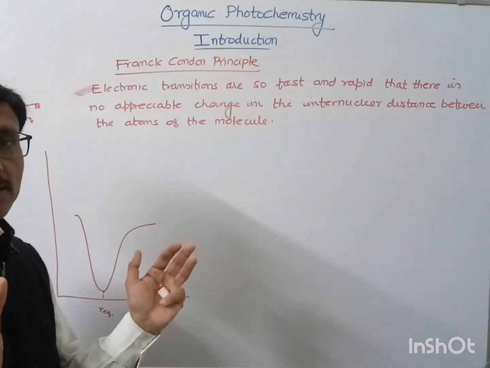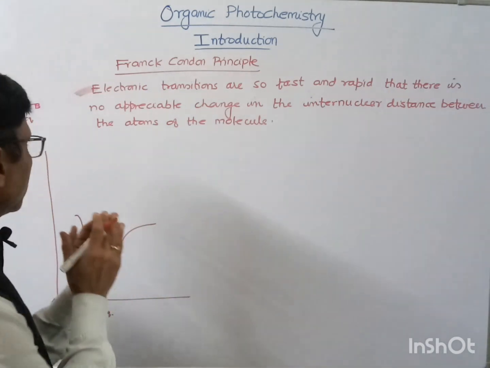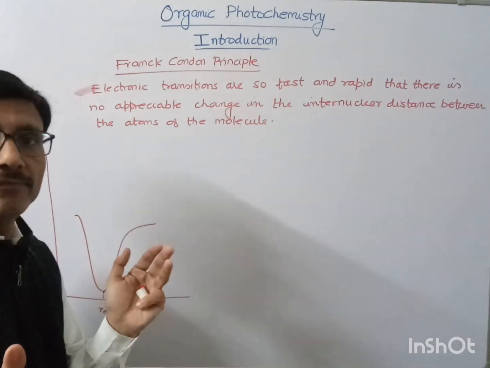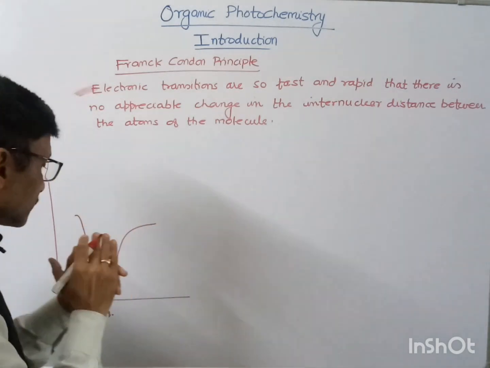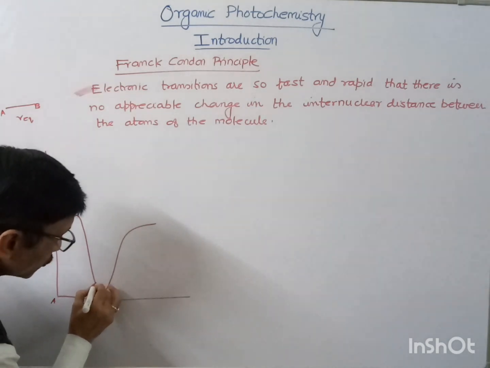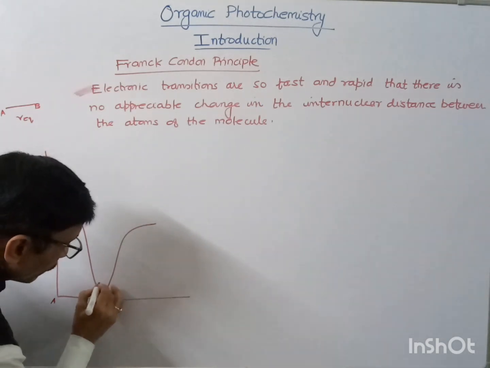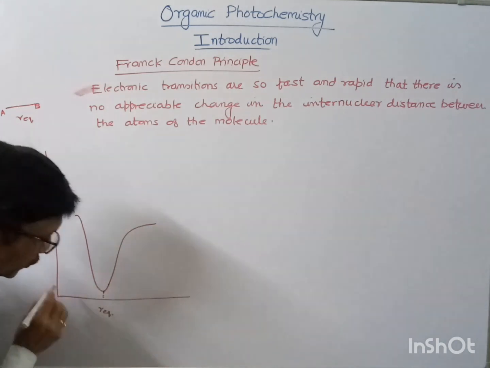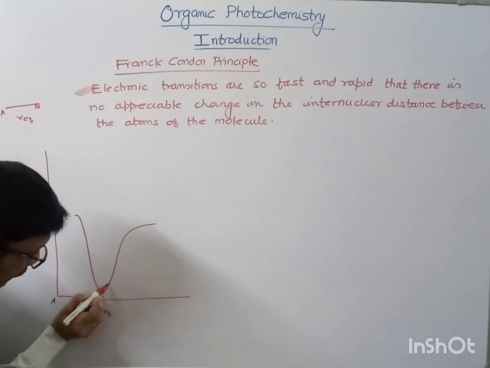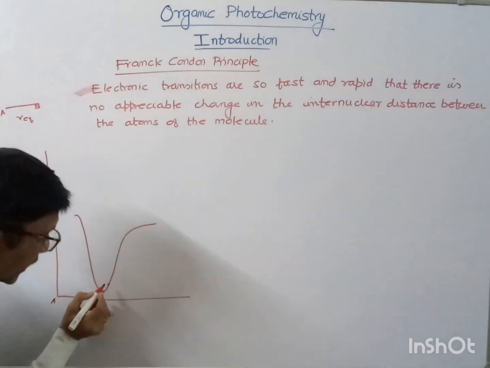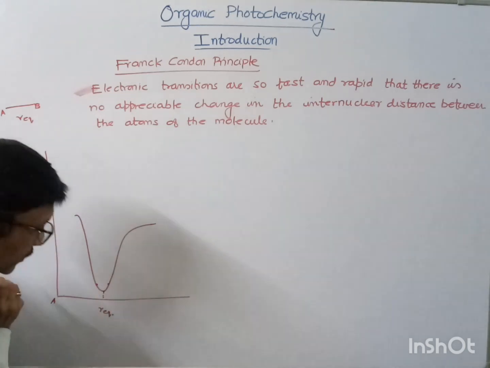The bond length may expand, and then it will come back to its original position after some time. After absorbing the radiation, the internuclear distance increases from here, then it relaxes back and decreases to here.